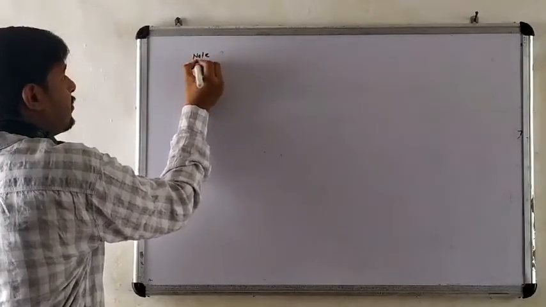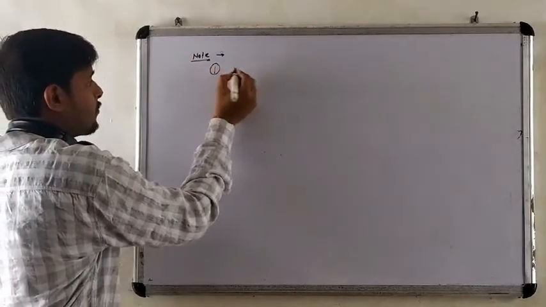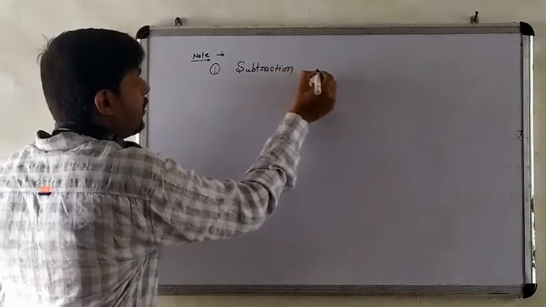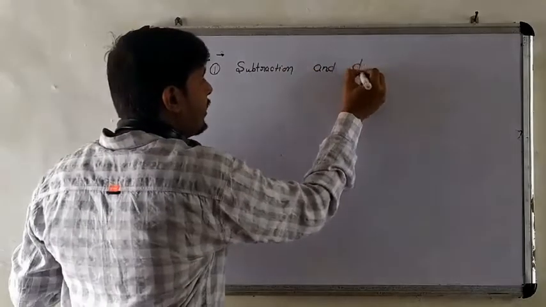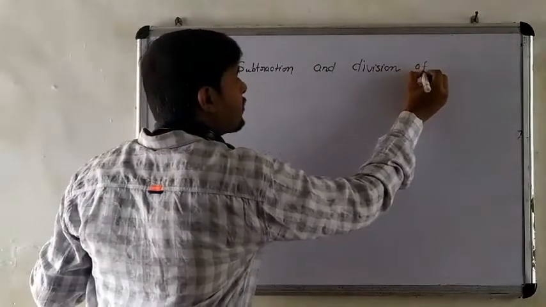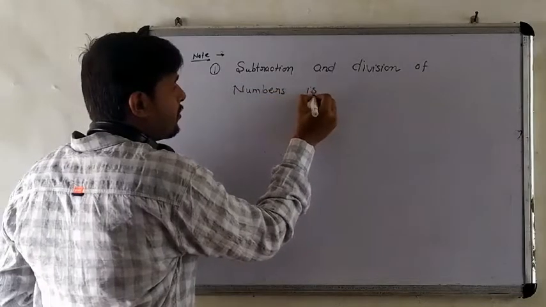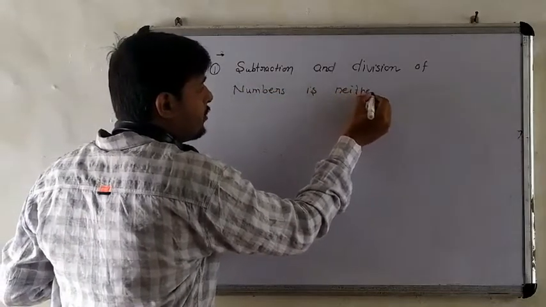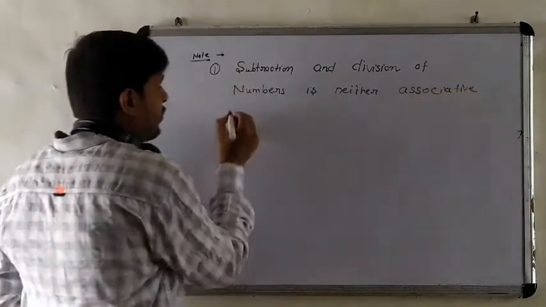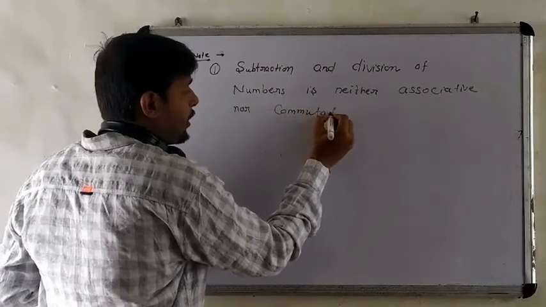Last point. Subtraction and division of numbers is neither associative nor commutative.